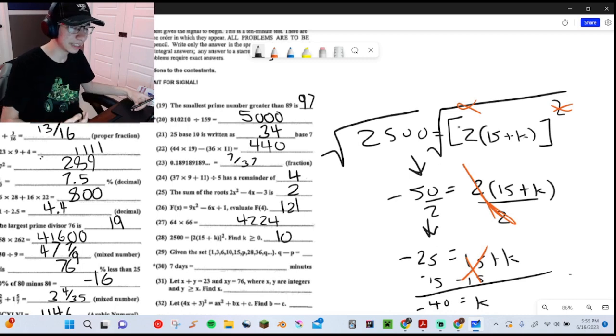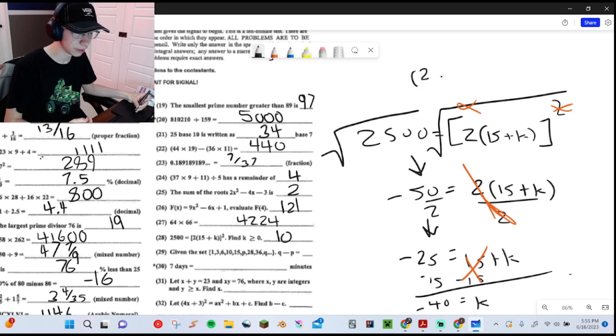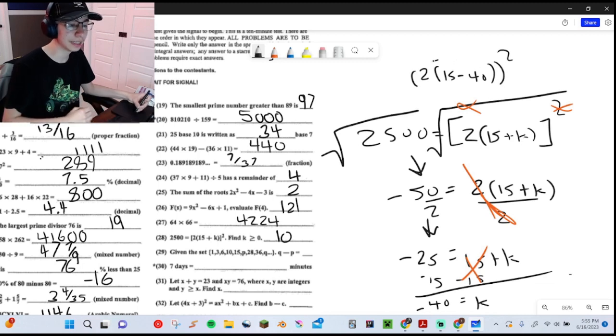And if you plug in negative 40 into the original expression, which was 2 times 15 plus, in this case, negative 40, so it's like minus 40 squared. I'd get 2 times negative 15, or negative 25 squared.